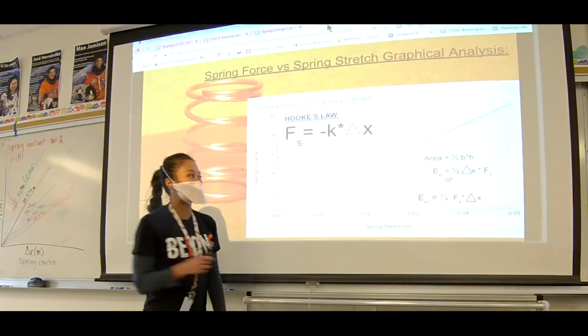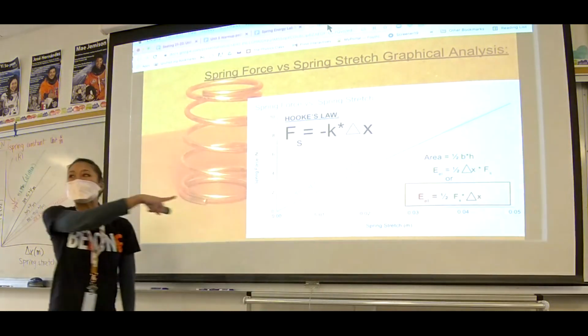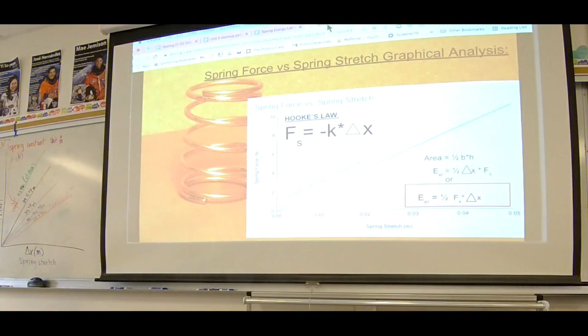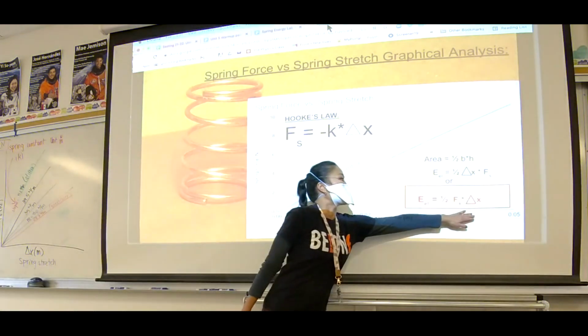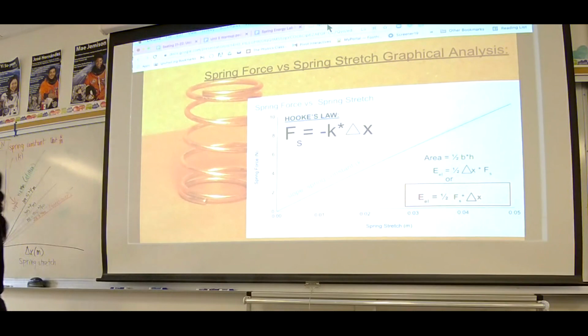In your physics helper, they just flip these two around, and this is what you're going to see for one of your elastic potential energy equations. So this goes under equation. Area under the curve is 1/2 force times delta x: 1/2 the force of the spring times the distance the spring stretched.